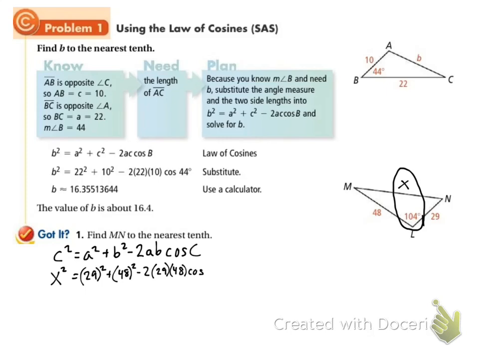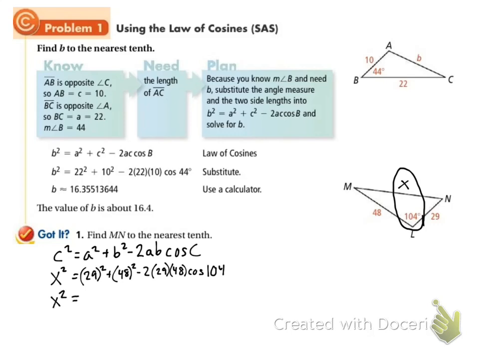Cosine, and remember, angles go inside cosines, so I need to plug in the 104. Okay, so I plugged in all my numbers. Now I'm going to do the multiplication of the numbers and square the numbers. We're going to leave X squared alone there.